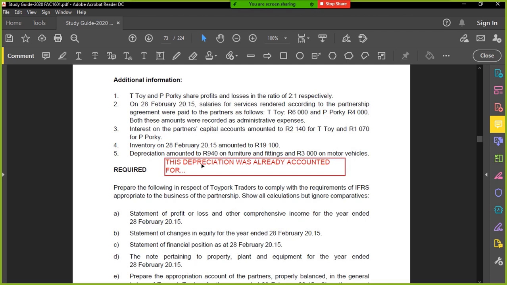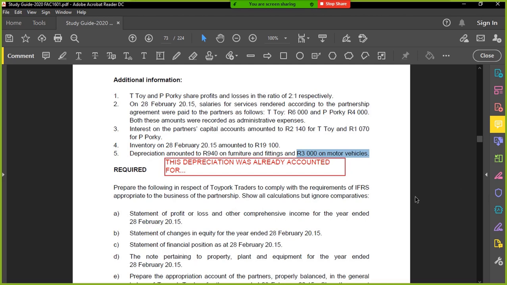Don't worry about these workings. Remember, these are workings that we're looking at. So I've looked at it with you and we've done it correctly. If this was an exam paper and they gave you depreciation and it said depreciation amounted to 940 for furniture and fittings and 3,000 for motor vehicles, would you have accounted for that in the exam?